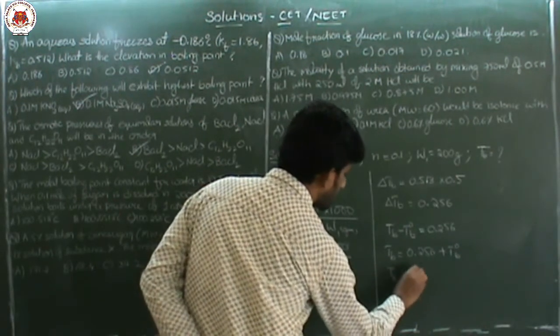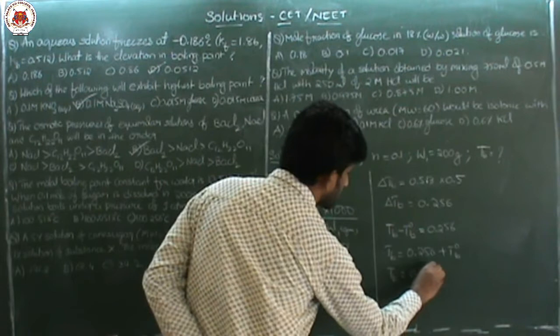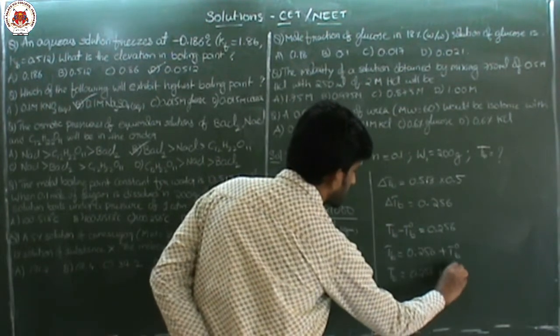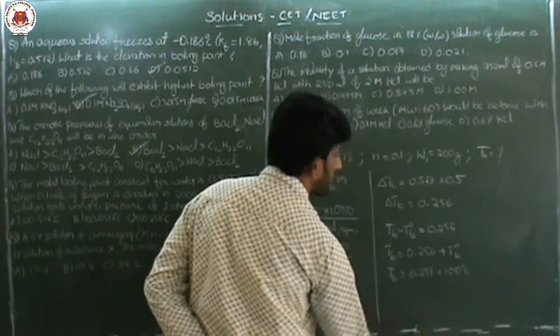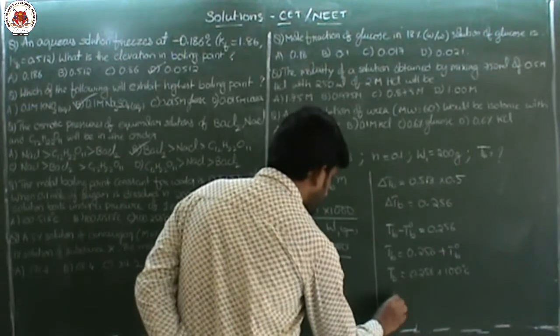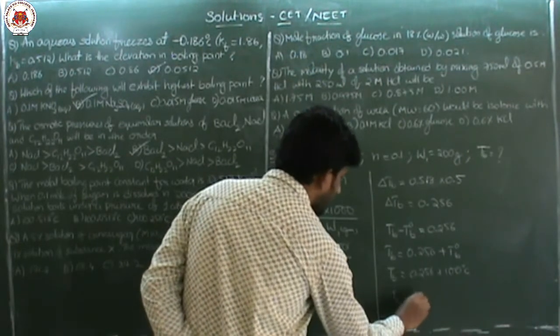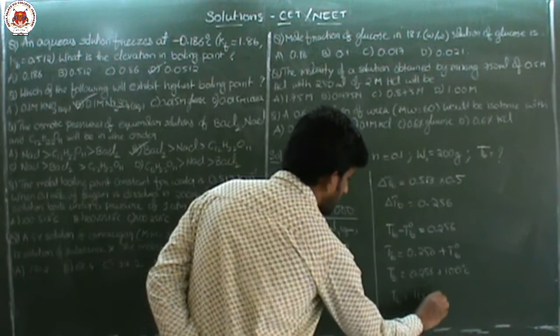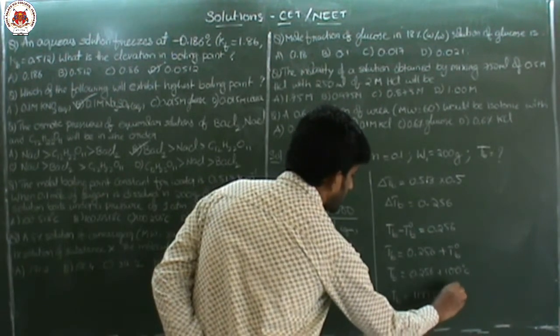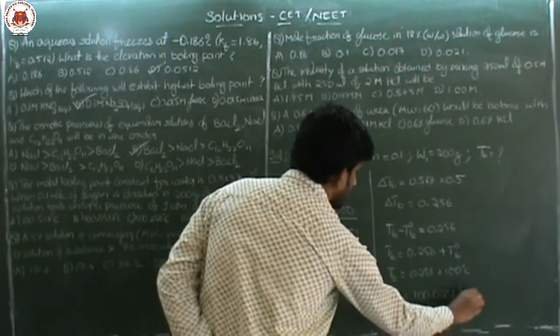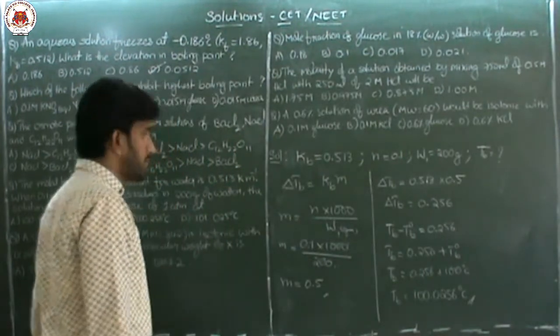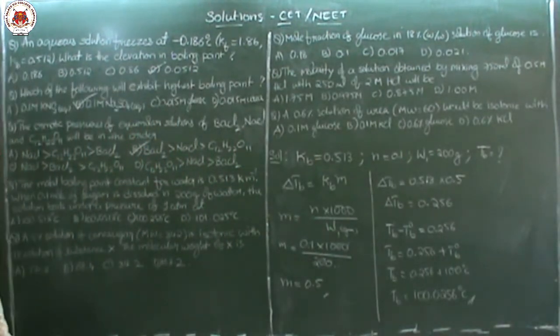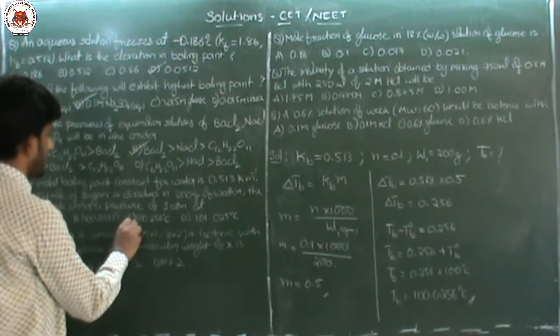So what is the final value? TB is equal to 0.256 plus 100 degrees centigrade, the boiling point of water. So finally, the solution boils at 100.256 degrees centigrade. Where is the option?